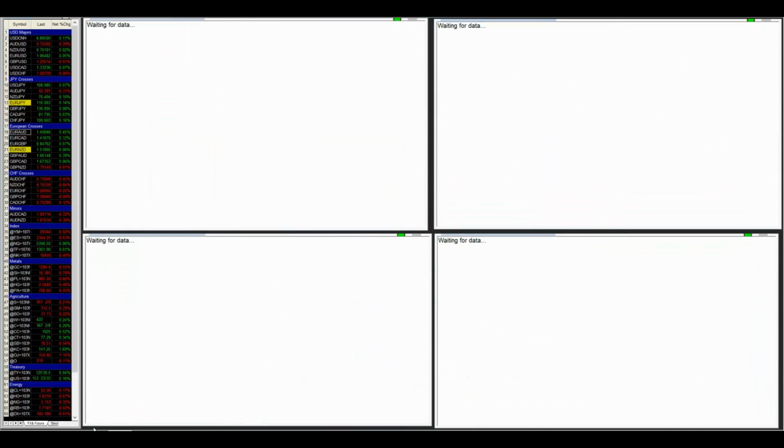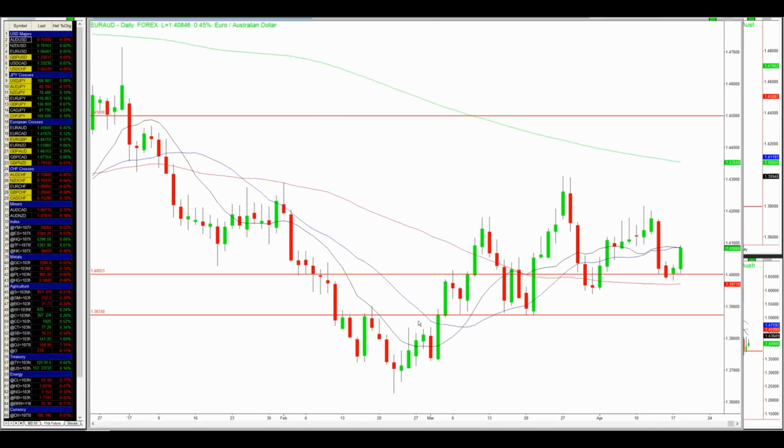The next one I'm looking at is Euro against Australian dollar. First line, this is also stuck in a range, lower high and higher low. So there's no real momentum for the Euro AUD on the longer term time frame. But in that case, the major support and resistance lines play an important role for this range bound market, especially where the price has found support at 1.4, this big psychological level.